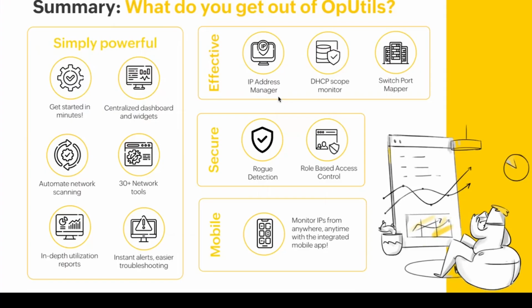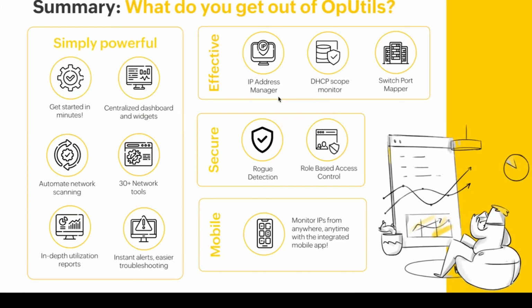OpUtils has more than 30 network tools, so you don't have to switch between different tools to manage and monitor your network. We also have in-depth utilization reports and instant alerts to keep you updated with real-time insights of your network nodes, which will help you monitor and troubleshoot issues with ease. OpUtils has a super effective IP address manager, DHCP scope monitor, switchport mapper, a rogue device detection module, and so on.